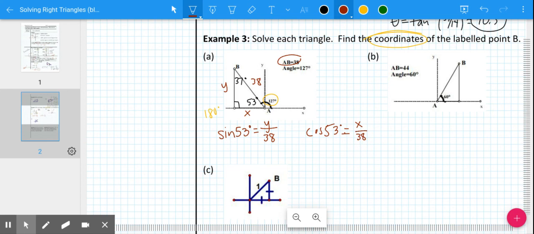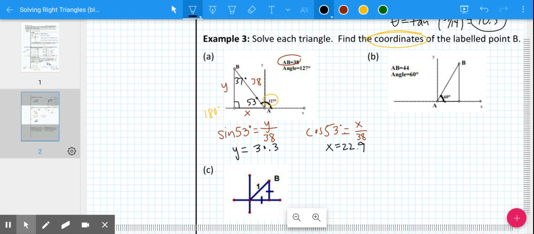When I solve each of these, I should get a Y value of 30.3. And I should get an X value of 22.9. So I'm doing the same math I did before. I'm solving to get the missing sides and the missing angles.